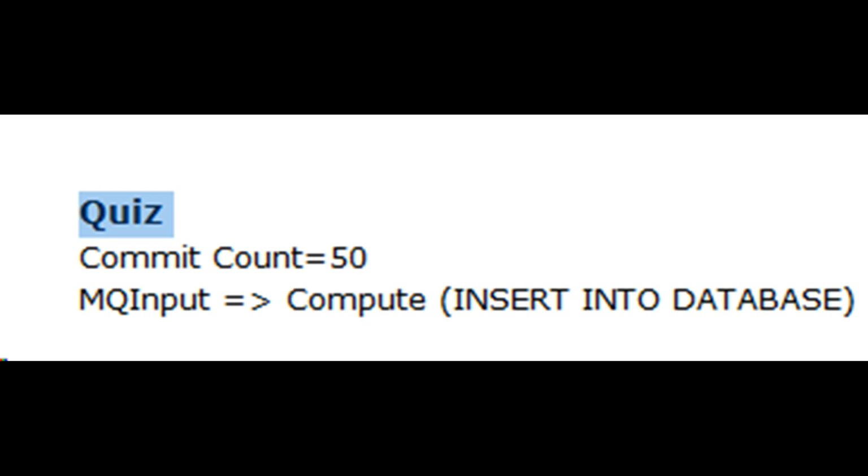For example, if I have commit count equals 50 and I have a message flow that reads from a queue and with a compute node does an insert to a database, then does this mean that my flow will have to read 50 MQ messages and do 50 inserts before the transaction is committed? Or does the commit count relate only to the MQ aspect? If so, how does this work?